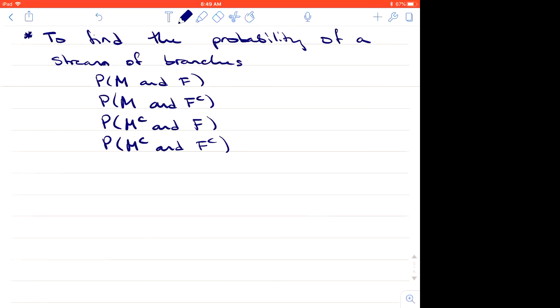Okay. So to find each of these probabilities, we simply multiply down the branch or down the stream. We multiply down the stream of branches.